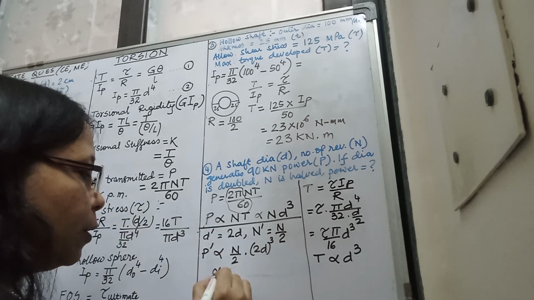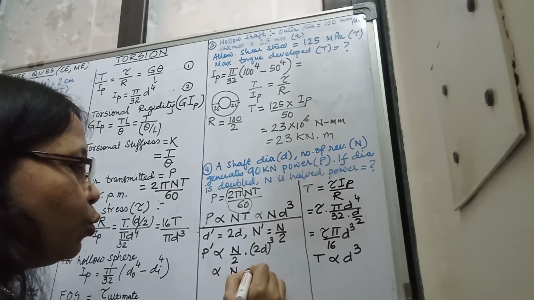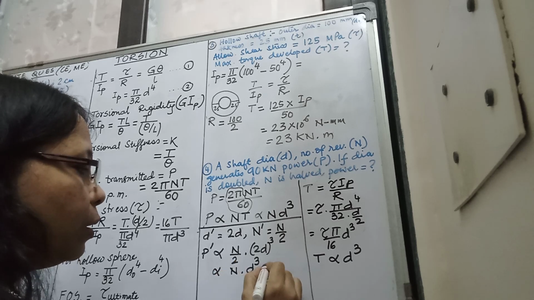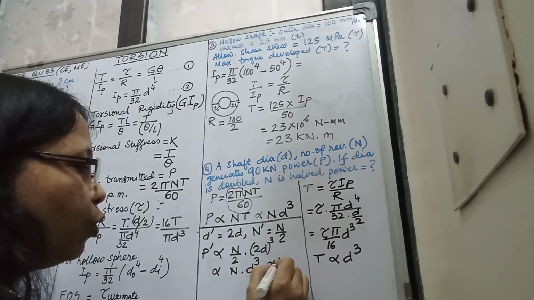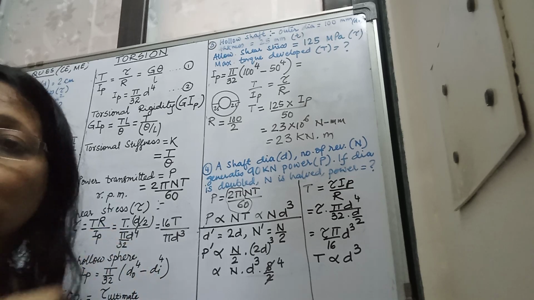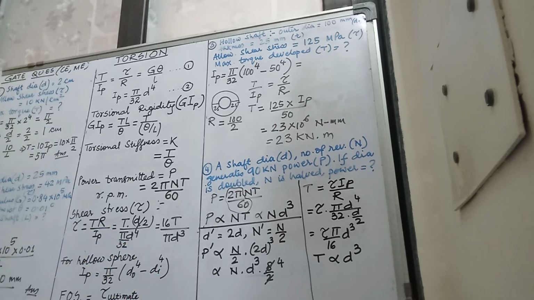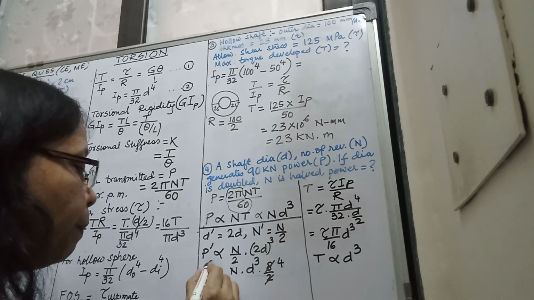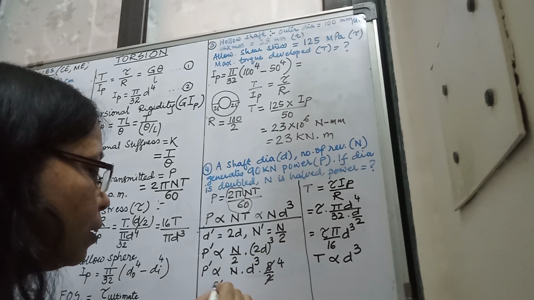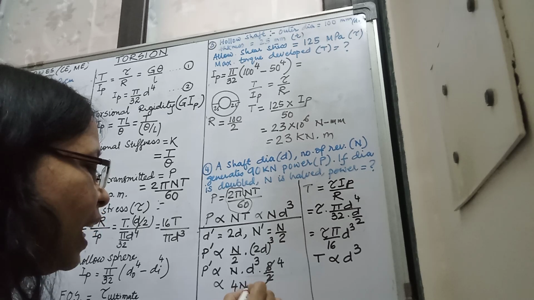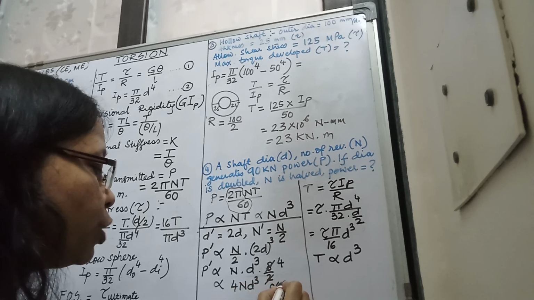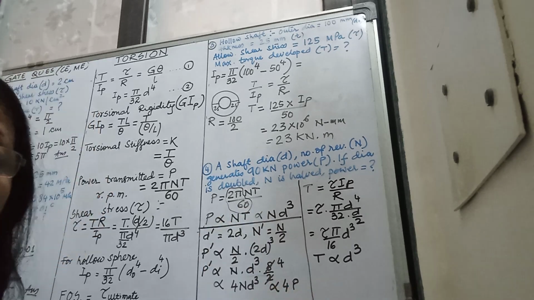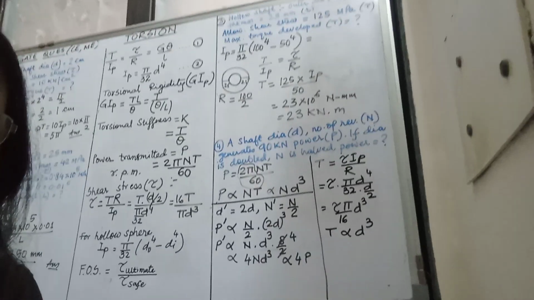That means N into d cube, this is 8 and this is 2, 4. So what will be the answer? Now the new power is 4 times N d cube. That means proportional to 4 N d cube, which means 4 P.